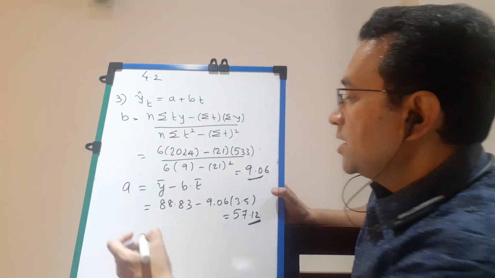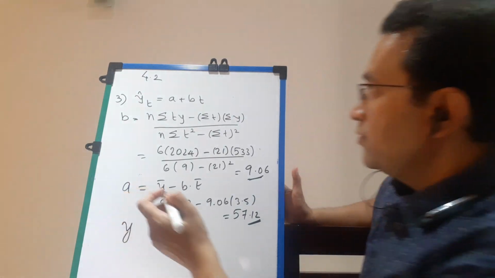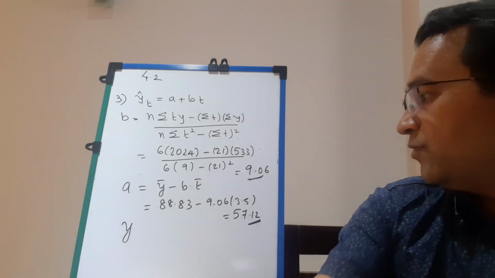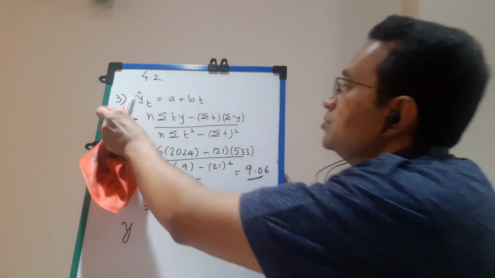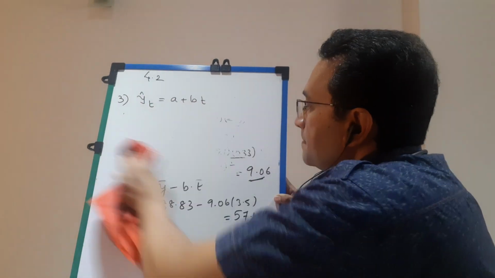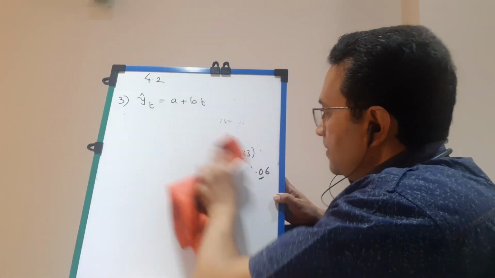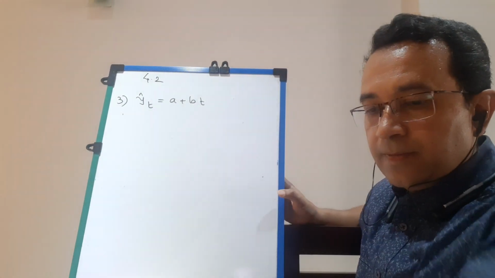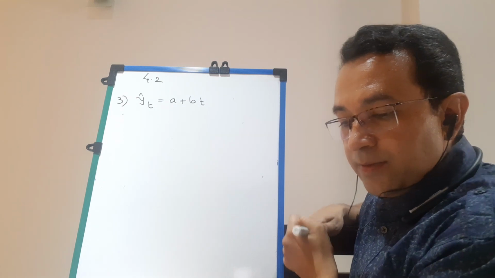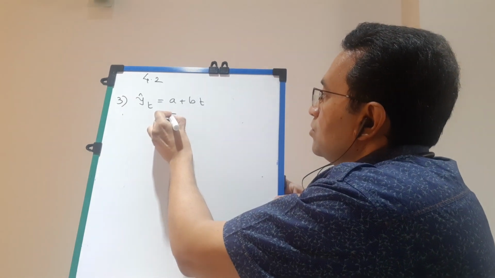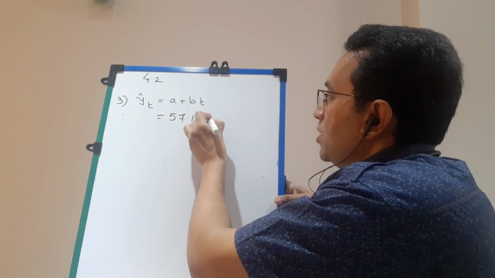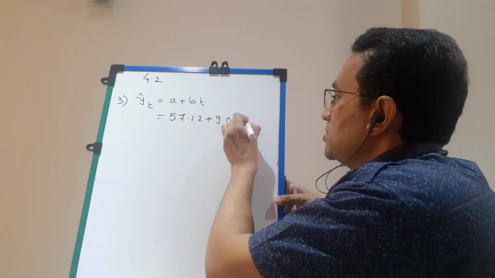So substituting a and b, students, the trend line equation we get as yt cap is equal to 57.12 plus 9.06 t.